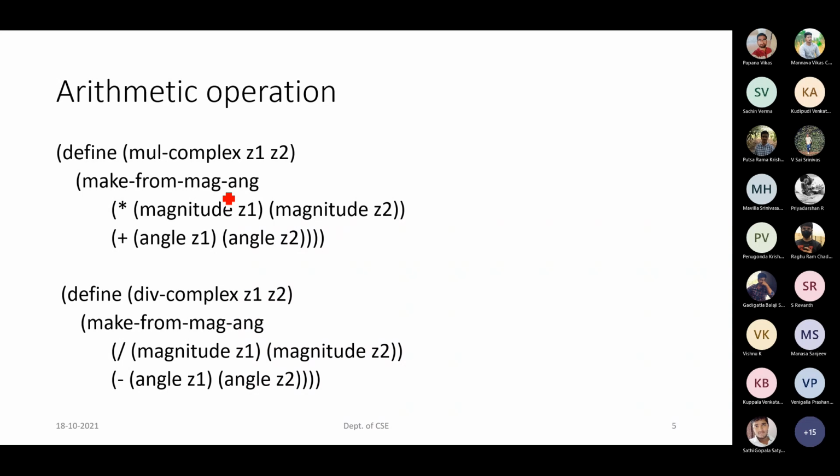So angle 1, that is the angle of the first complex number, which we retrieve with the CDR, is subtracted by the angle of the second complex number.